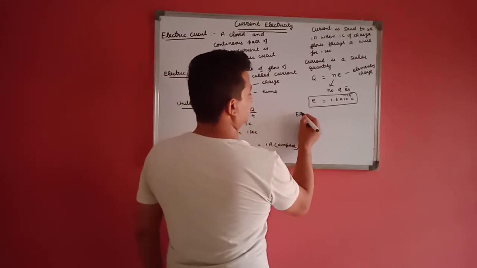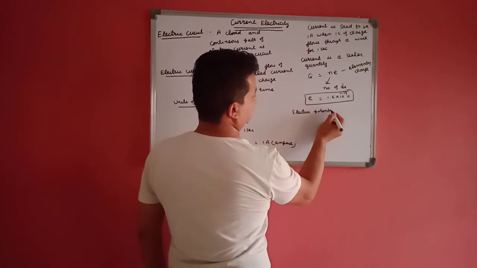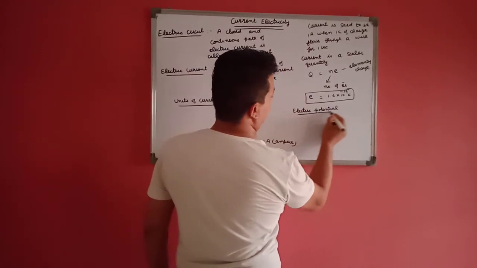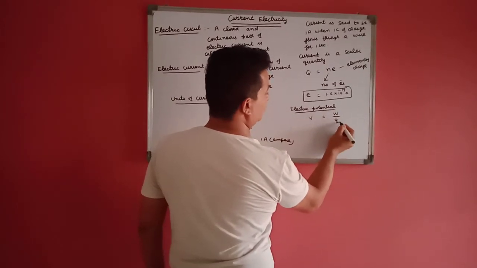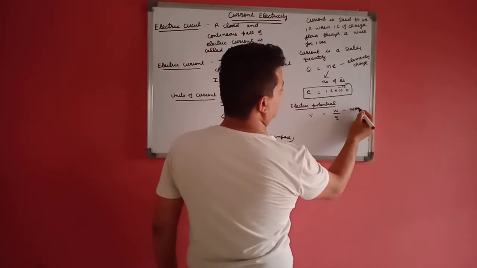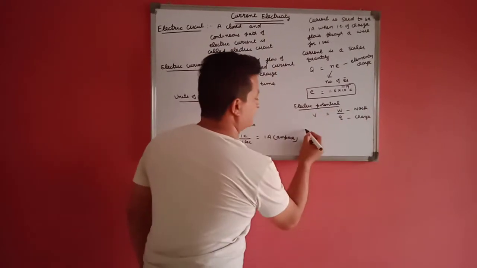Other definition is electric potential. It's denoted by V. V is equal to W upon Q, where W is the work done and Q is the charge.